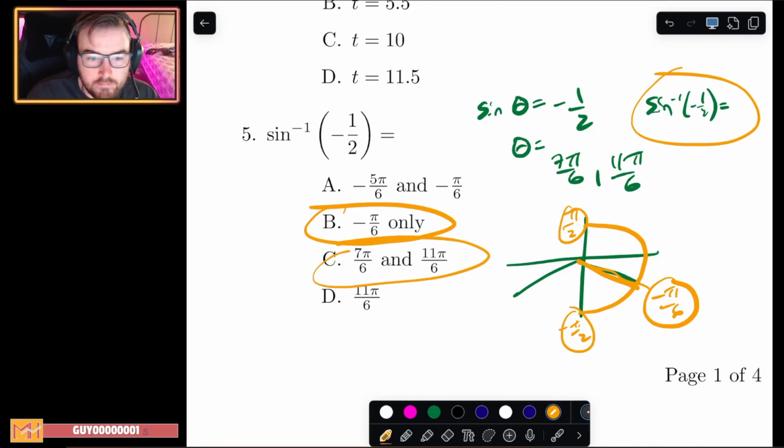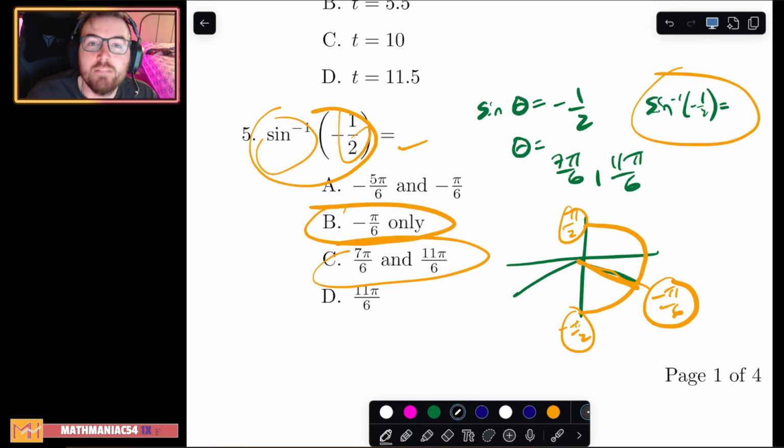I'm sorry. A function can't have two answers, right? This can't have two answers. That's not how functions work. Seriously, if you can think of a situation where you plug a number in and get two answers, please present it to me.